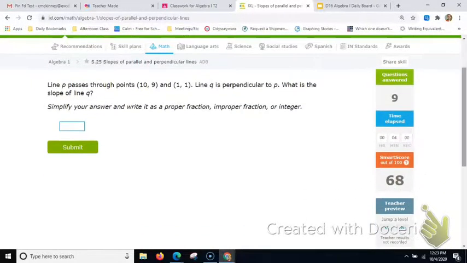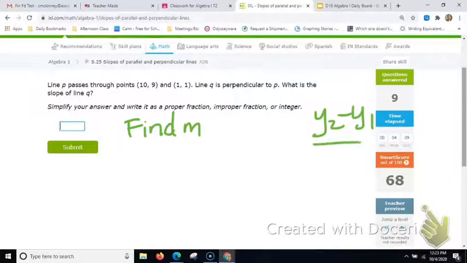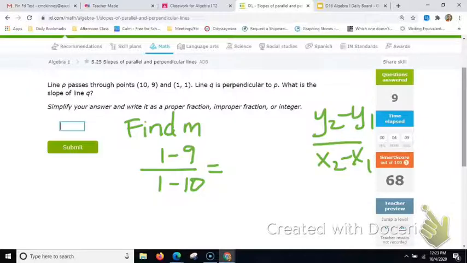Now, when we get here, things get a little tougher, right? So if this line goes through these 2 points, then I have to find the slope. So we have to find m. So we're going to use our y2 minus y1 over x2 minus x1. So if I do 1 minus 9 over 1 minus 10, or I could go in the other order as long as I'm consistent, and 2 negatives make that positive.